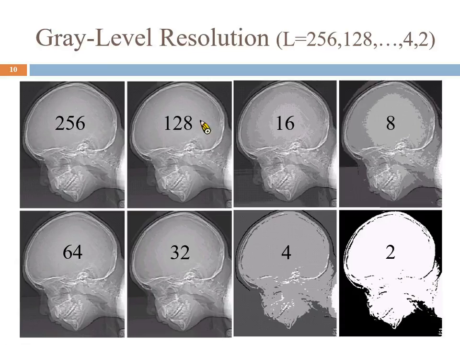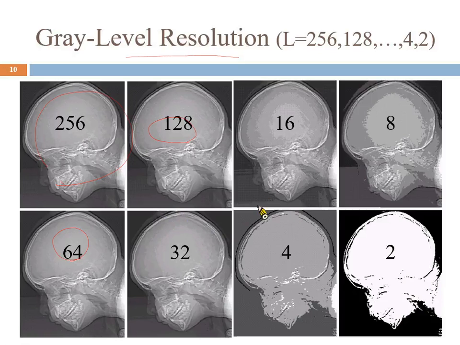So here is the gray level resolution. The previous one is the spatial resolution. Here is the gray level resolution, which means the number of gray levels we use to represent each pixel. Here is an image where each pixel may have 256 gray levels. Here 128, here 64, and so on.